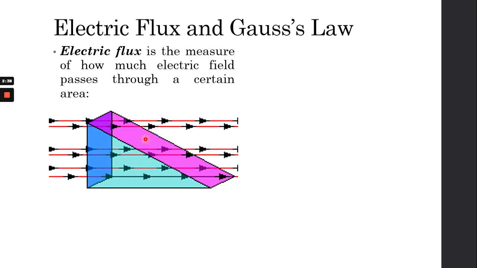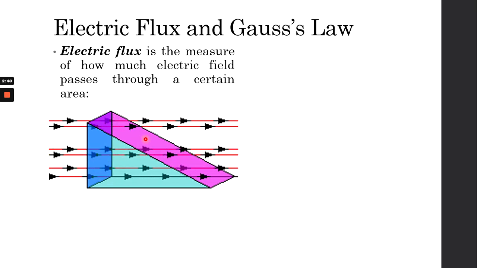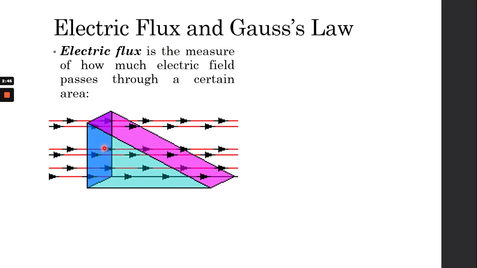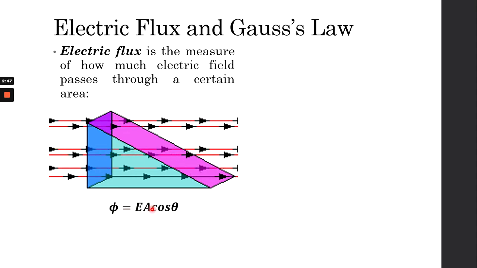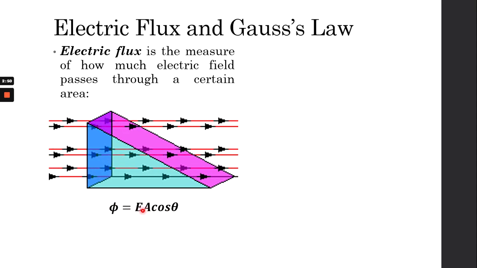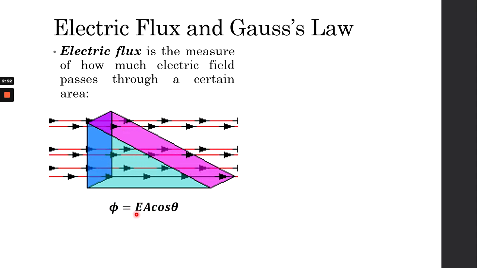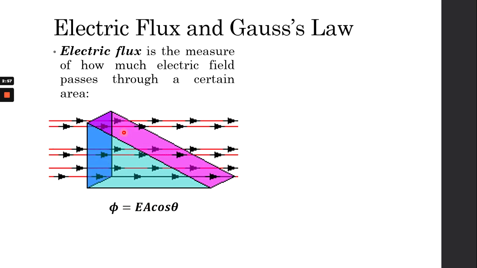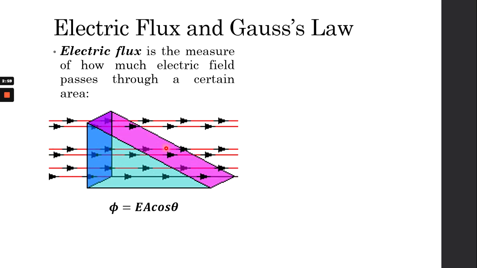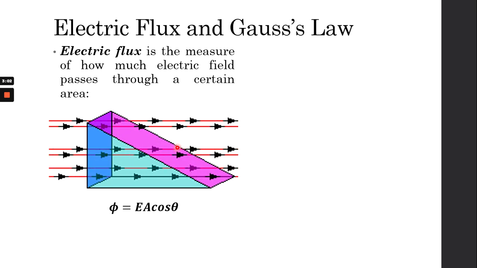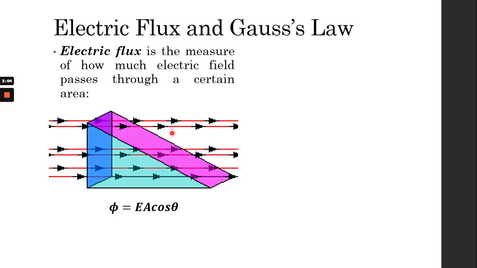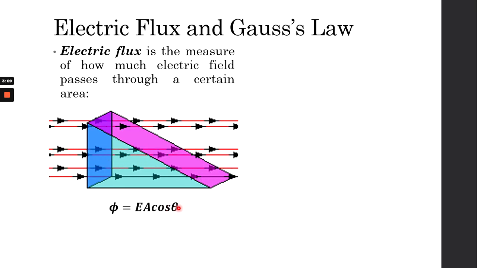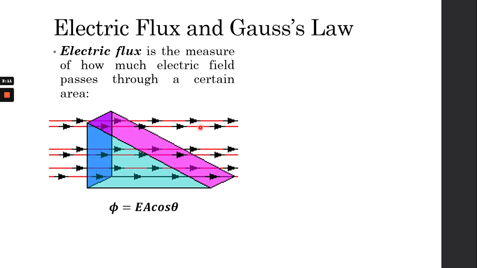So electric flux is useful if we want to measure the amount of electric field that passes through a certain area. And we know the equation that we have to use. We know that the electric flux is actually the dot product between the electric field and the area of the surface, which is also equal to E times A cosine theta, where A is the vector area that is perpendicular to the surface, and theta is the angle between that vector area and the electric field.